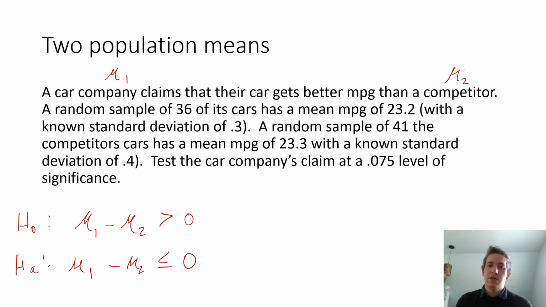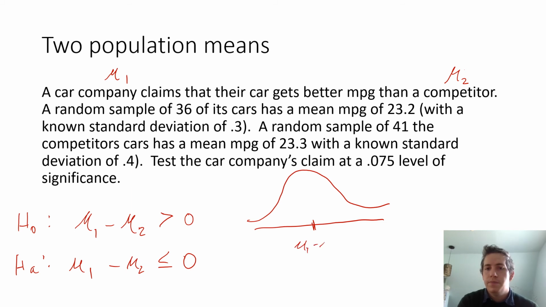So you're going to do this with some test statistics and so on and so forth. The big thing that we need to use here is the standard deviation of the distribution. There is a distribution of the difference of means, and that difference would have mu 1 minus mu 2 sitting in the middle.